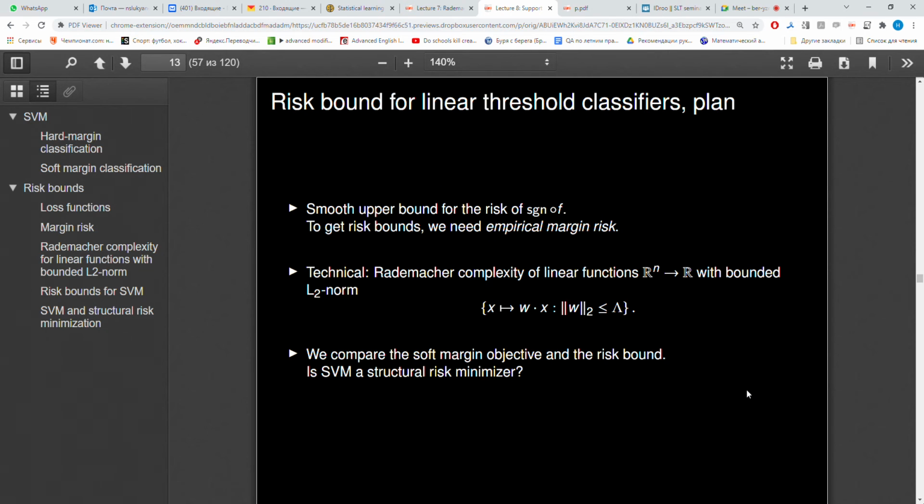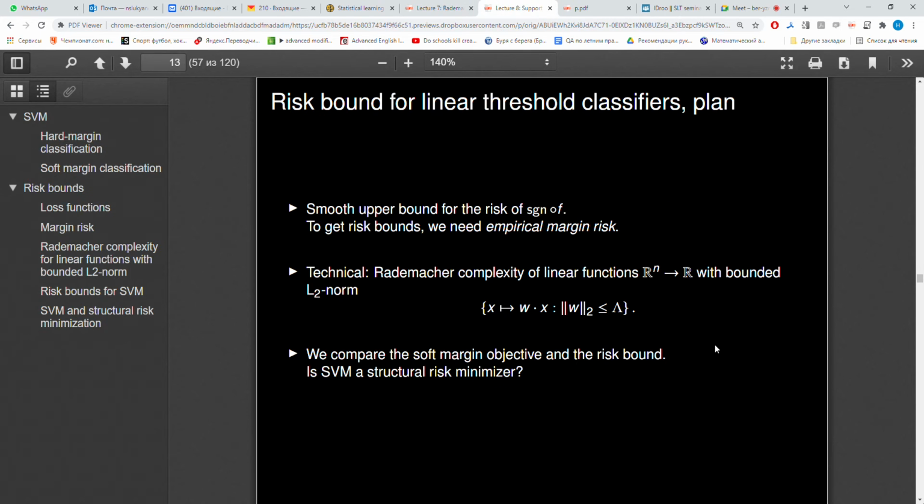So we'll need to introduce lots of definitions, lots of inequalities and other terrible things. For example, we need to introduce one more risk. If you remember, we had a very high number of risks: usual risk, empirical risk, Rademacher risk, and so on, so on.